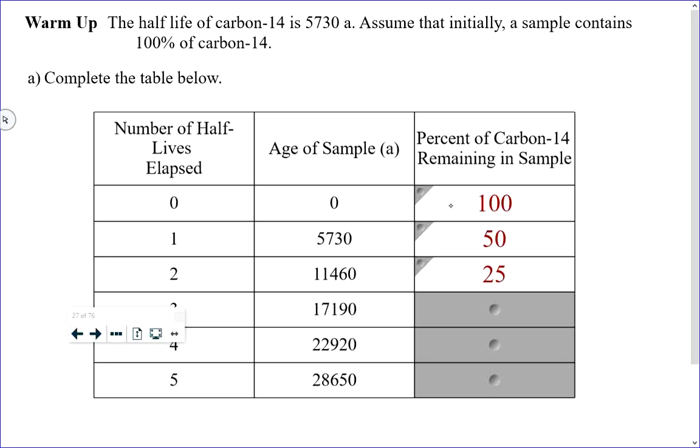We went from 50 to 25, so 25% of the original sample is now wiped out, and we're only left with 25. And then it goes down to 12.5 and 6.25, and on it goes. Once again, we're not saying it's pure carbon-14, and that becomes important for later.